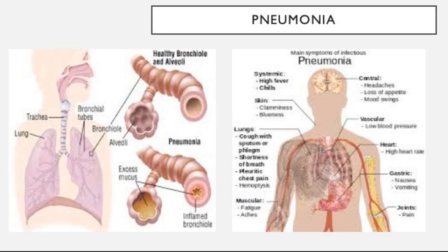Another pulmonary issue that everybody's heard about is pneumonia. In the picture here, you see on the left picture at the top, the alveoli are full of air, and the bronchus is free and clear for air to go through. The bottom picture is in the setting of pneumonia, where you have mucus, inflammation, and infection in those alveoli, which causes the bronchus to constrict down, secondary to the inflammation.